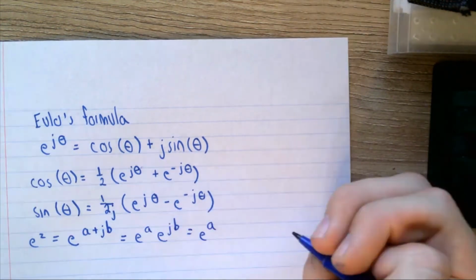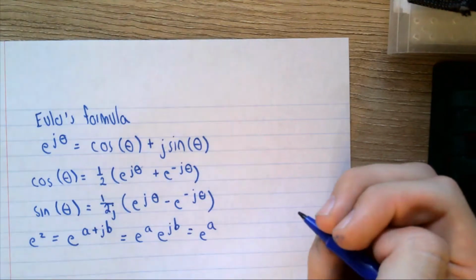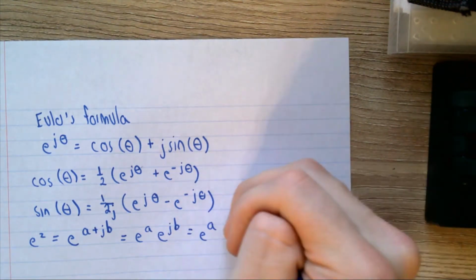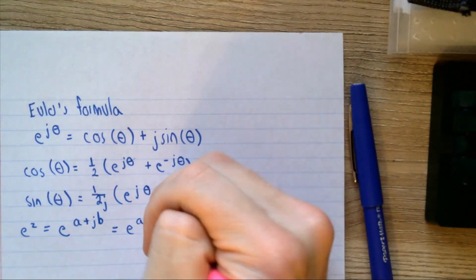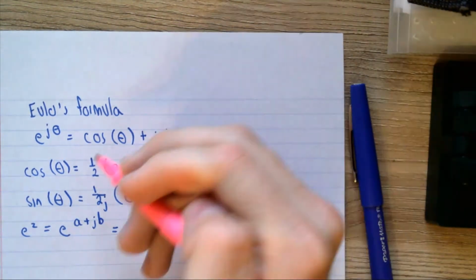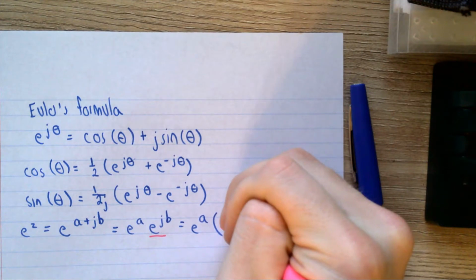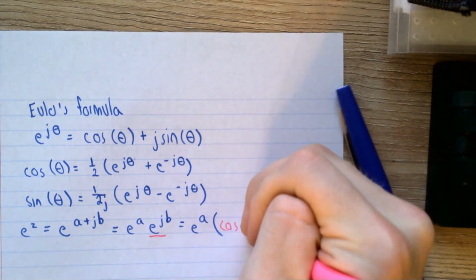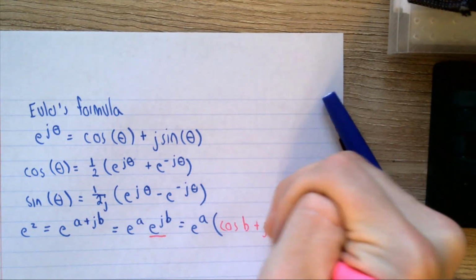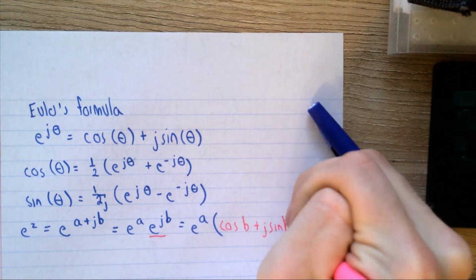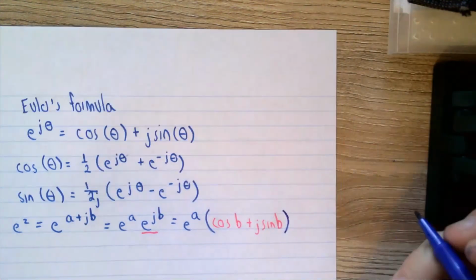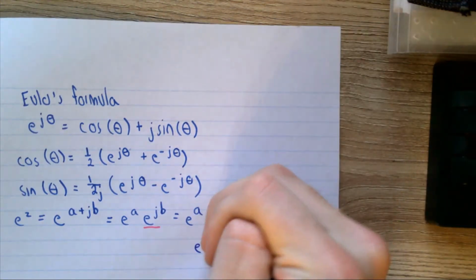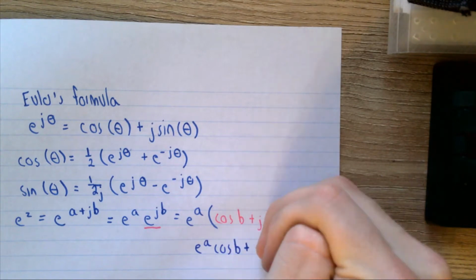And remember here, now we have Euler's identity for the e to the jb term. So this one here, it's going to be cosine of b plus j sine of b. And now that we got that, if you multiply it out, you're going to get e to the a cosine b plus j e to the a sine of b.